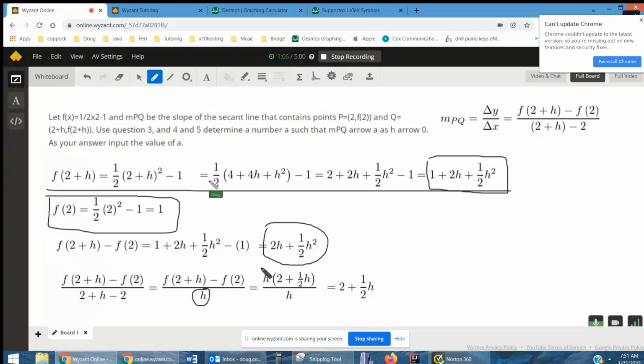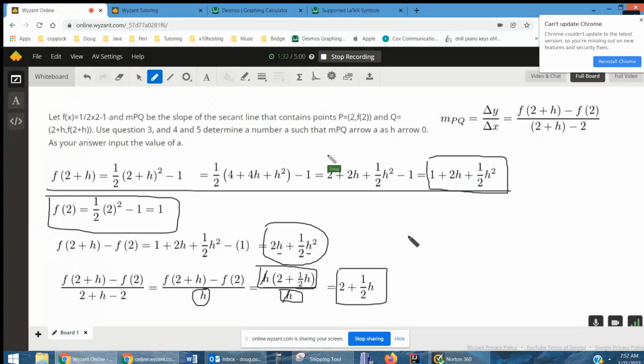So if I put the change in y over the change in x, notice that I factored out this h from the change in y. These h's cancel out, and there is a formula for slopes of secant lines to the graph of that original function, 1/2 x squared minus 1.